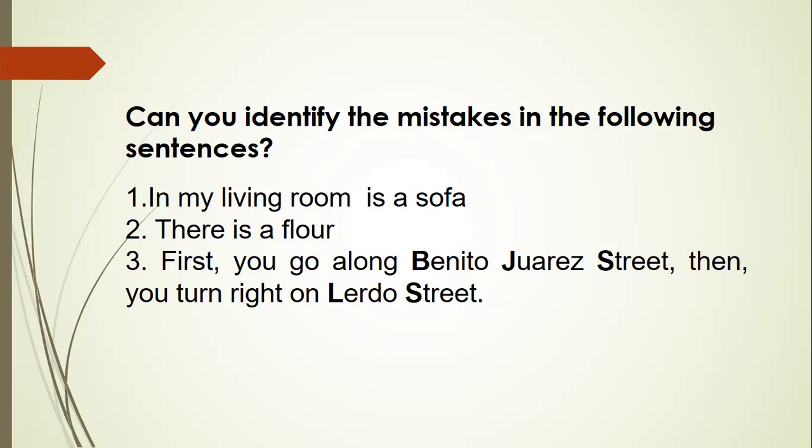¿Están de acuerdo? Porque estamos hablando de direcciones y cuando damos direcciones no usamos oraciones completas, simplemente damos una orden con verbos en imperativo. Bueno, ahorita vamos a hacer las correcciones para que las vean.